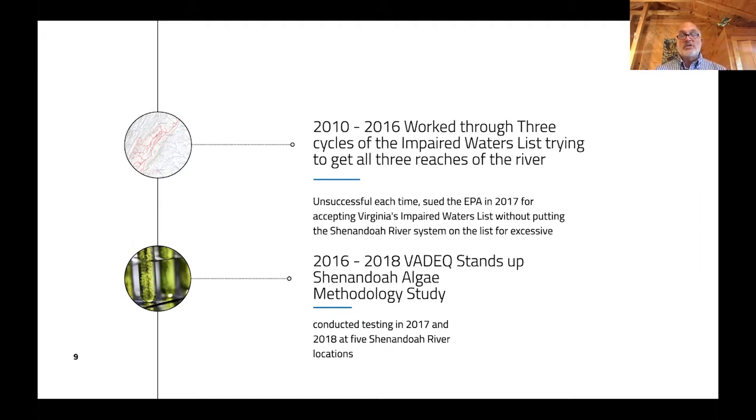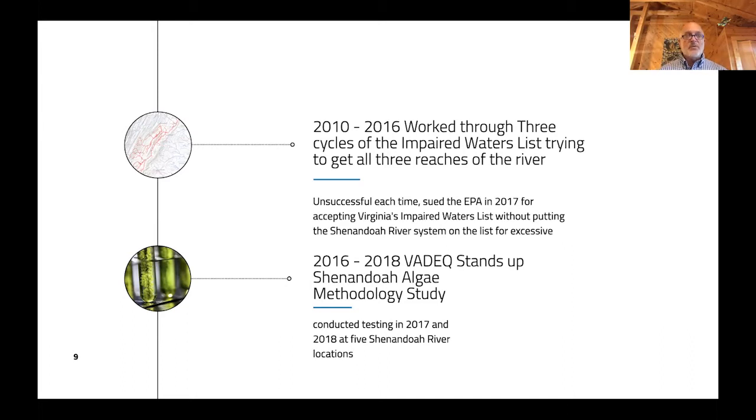And so in 2017, we decided to go to court, and we sued the EPA in federal district court for accepting the impaired waters list without having the Shenandoah watershed put on it. We lost. We appealed in the appellate court. We lost again, and that took place right when the ruling came down, right when the pandemic started blowing up.